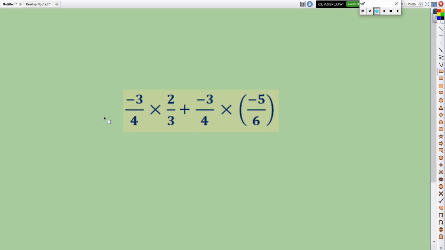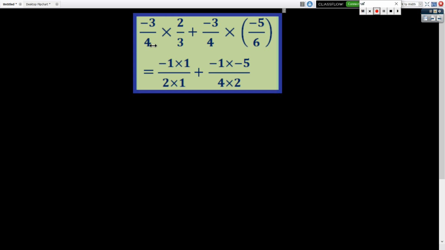How will you do this one? First you multiply these two: negative 3 by 4 into 2 by 3. Then you multiply negative 3 by 4 into negative 5 by 6. Then add both of the answers. Do it yourself.